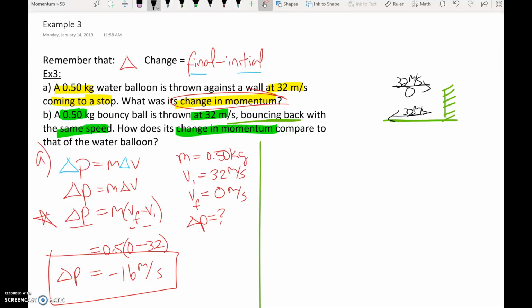Okay. What we have to remember in here, this is the place where it gets tricky, is that velocity is a vector, momentum is a vector. So we have to pay attention to the negatives. The thing about momentum is that momentum by itself is just mass times velocity. It's not that interesting. But it gets super interesting when we change momentum.